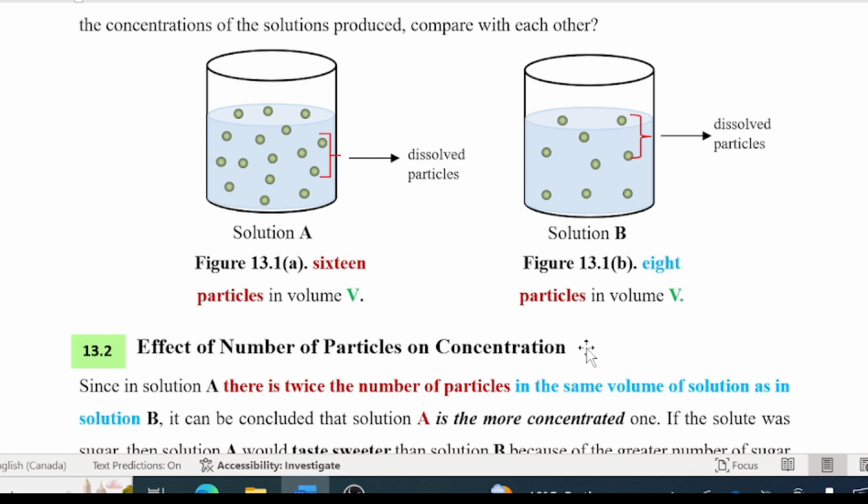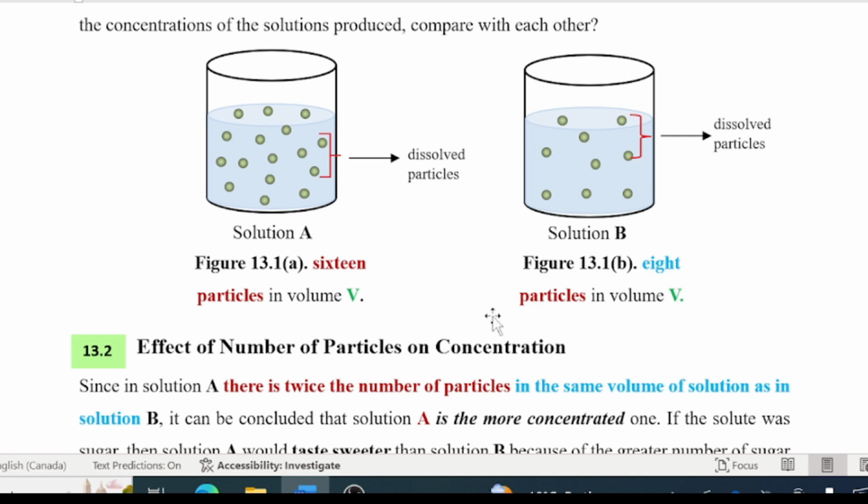It's analogous to like you have a cup of tea and someone put 2 teaspoonfuls of sugar and there's only 1 teaspoonful. You will notice if you taste your tea, which one you think will taste sweeter. Definitely this one is sweeter because of the higher number of sugar particles there than this one here.